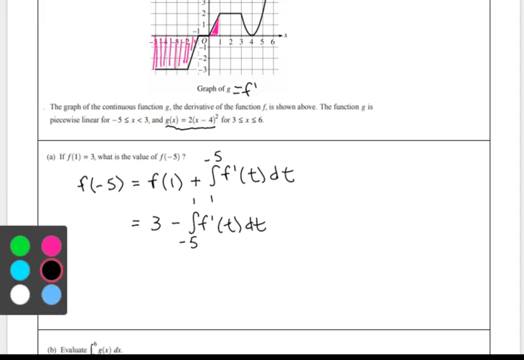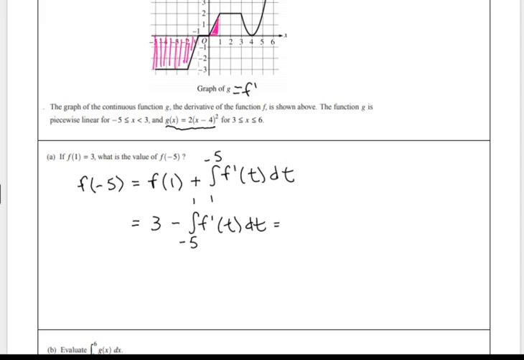So let's write that out. It's going to be 3 minus, and let's do the trapezoid first. It's negative because it's underneath the x-axis. The height of the trapezoid is 3, so it's 3 over 2. One of the bases, from -5 to -2, is a base of 3. This other base is 4, so that's going to be 7. And then we add that positive triangle.